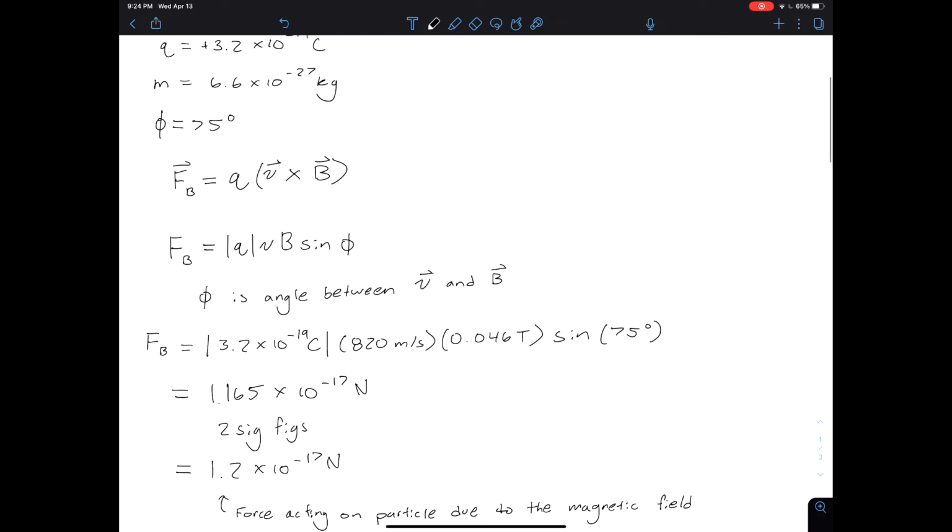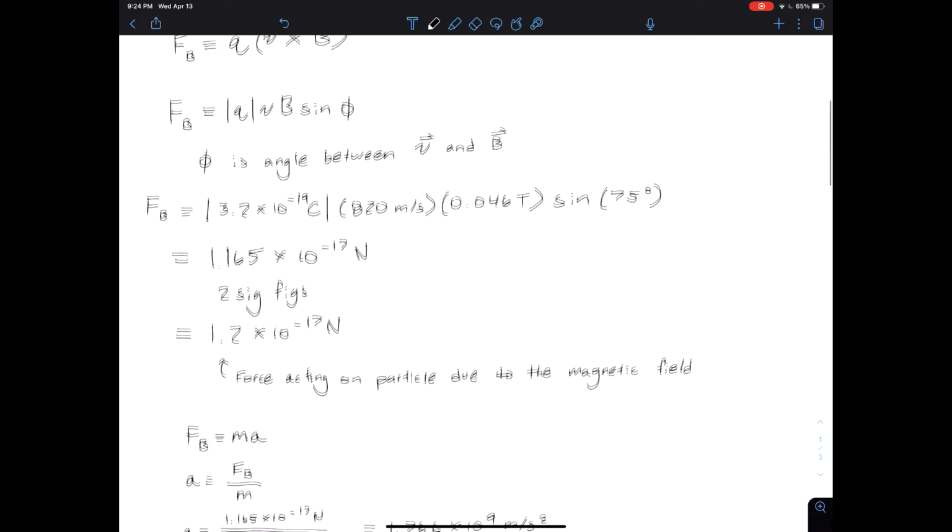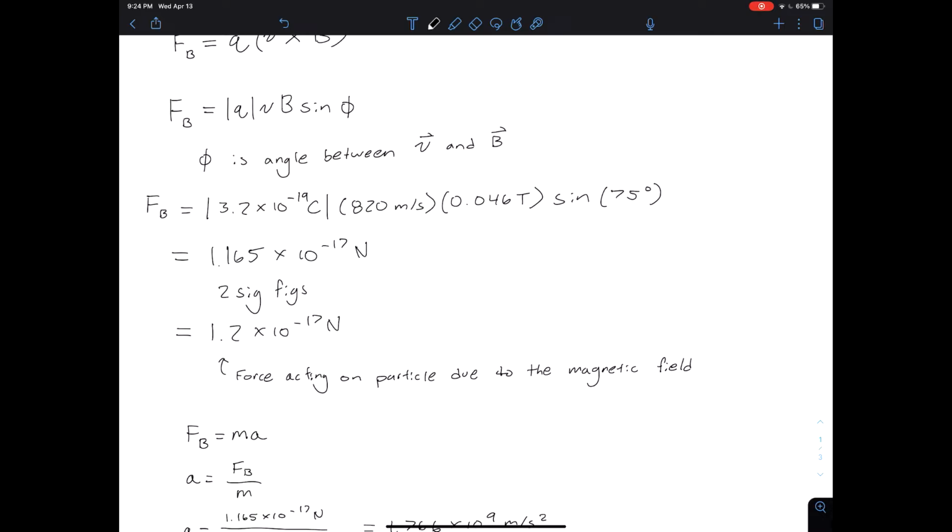And if we write it down in another way, the force equals the absolute value of the charge times the velocity times the magnitude of the magnetic field, times the sine of the angle between the velocity and magnetic field vectors, which is phi here. Now, plugging in these values, we get the force to be 1.165 times 10 to the negative 17th newtons.